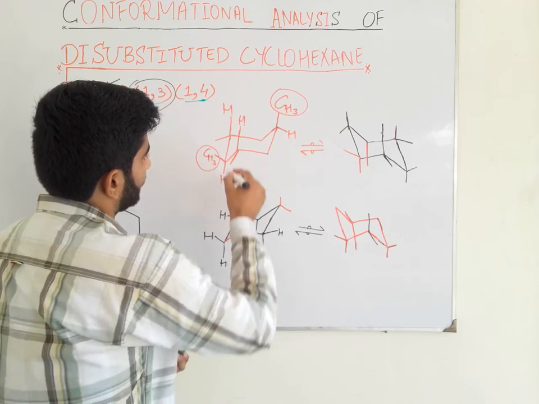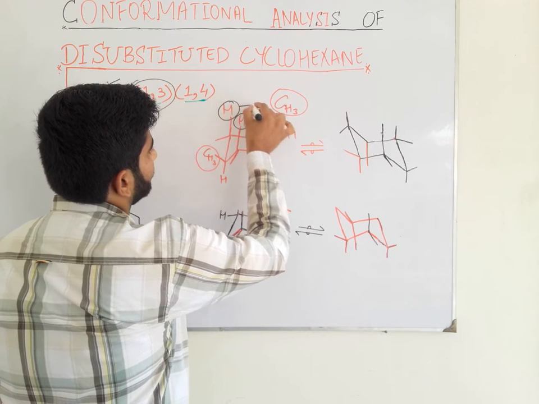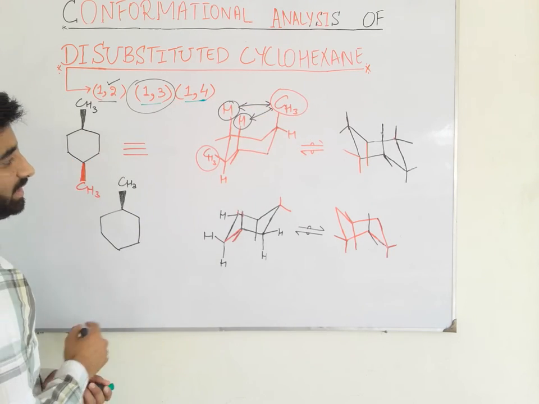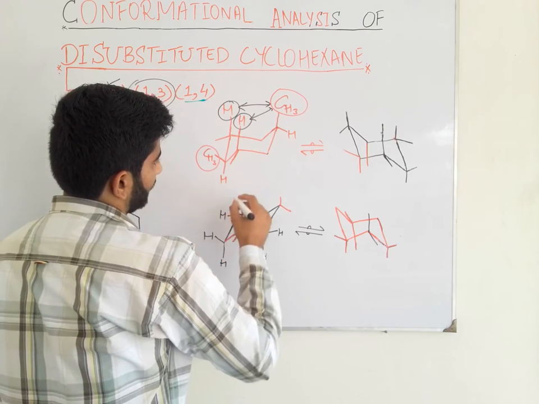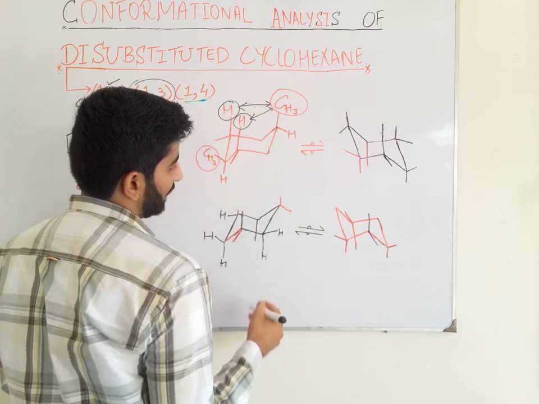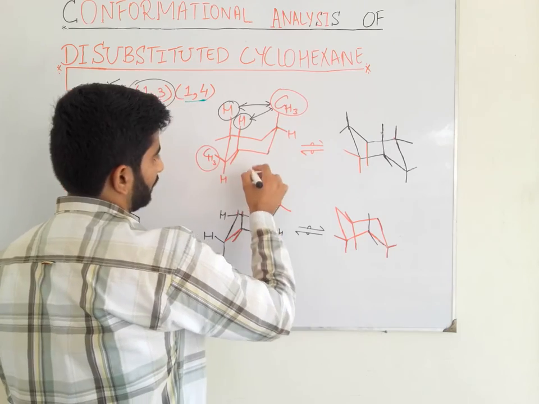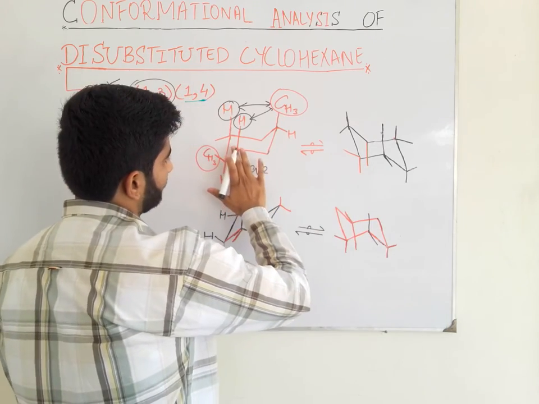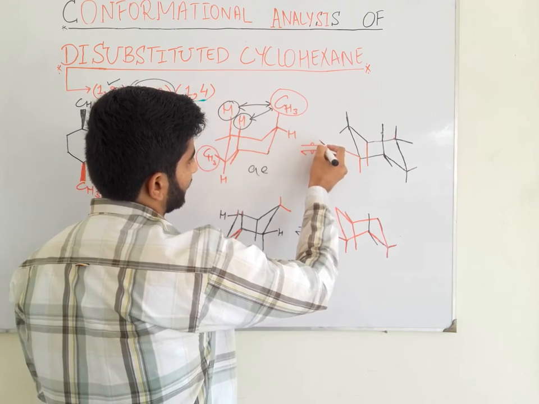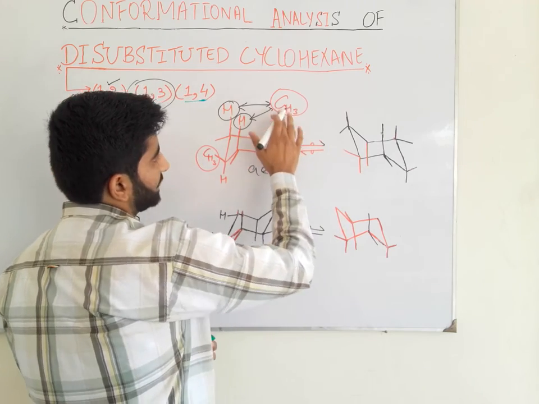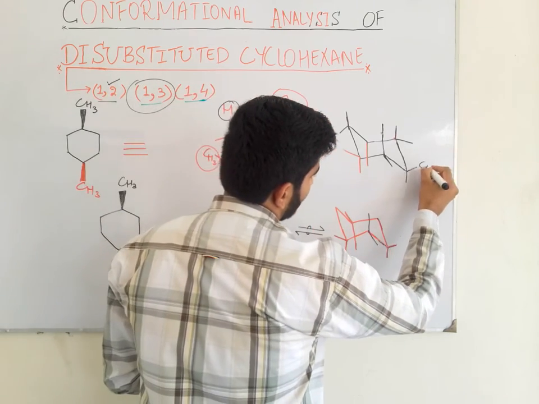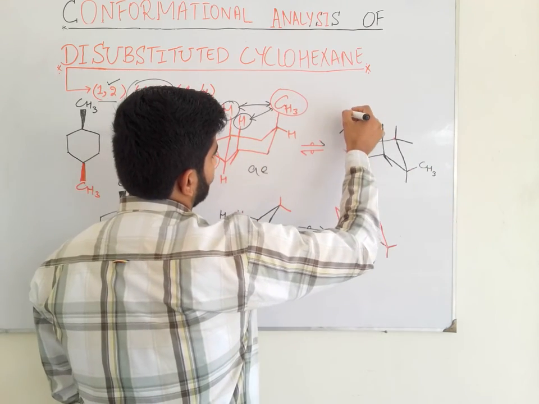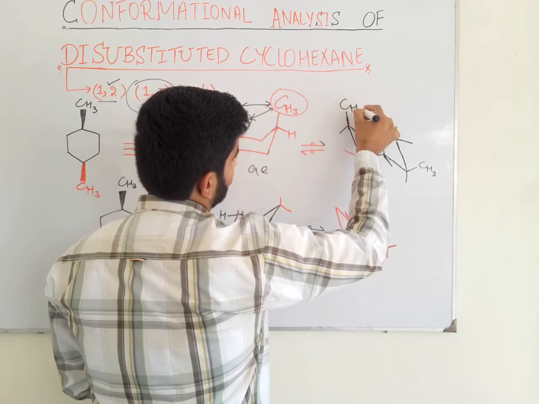So there is a 1,3 diaxial interaction between this methyl group and these two hydrogens. So this conformation is less stable as compared to the equatorial conformation. When we flip this molecule, we get another conformation in which the axial up methyl group becomes equatorial up, and the equatorial up is converted into axial up.